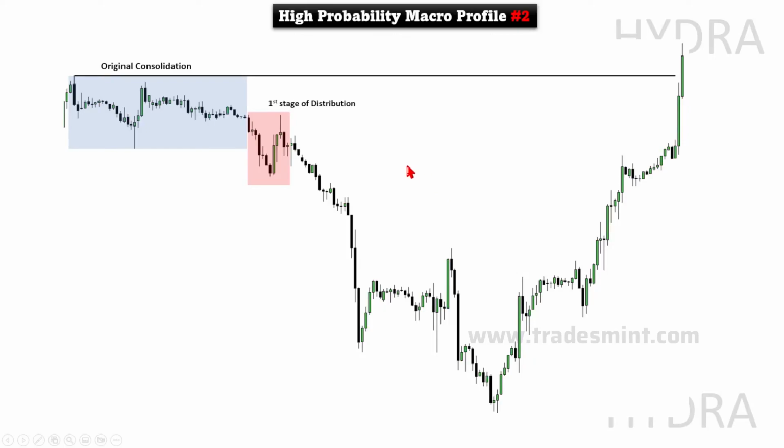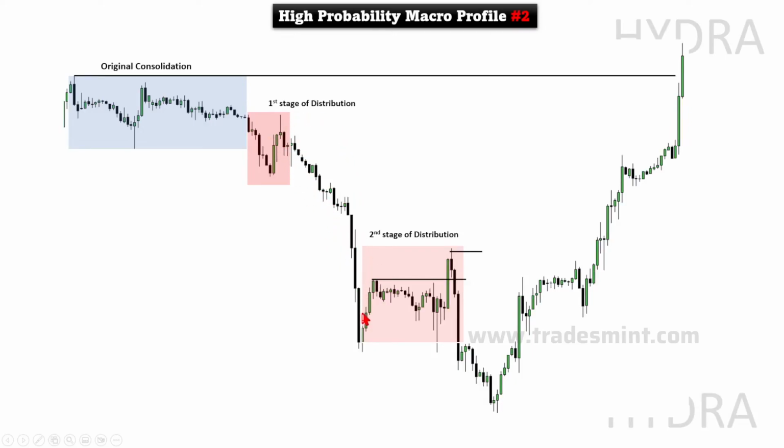Now let's spot our second condition, second stage of distribution. Now in first stage of distribution, we are not looking for a stop hunt, right? In the second stage of distribution, we are looking for a stop hunt plus a breaker to form. Do you guys see a stop hunt and a breaker in a second stage of distribution here? This is our second stage of distribution. We have a high here, right? Price delivered liquidity after the first stage of distribution.